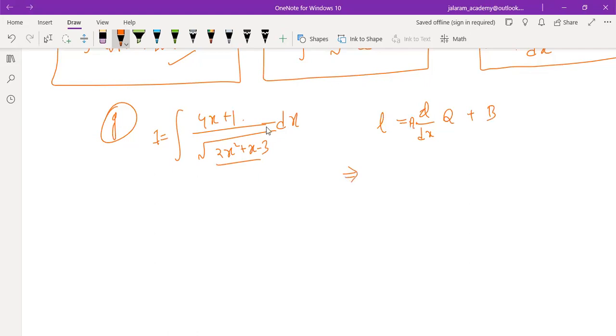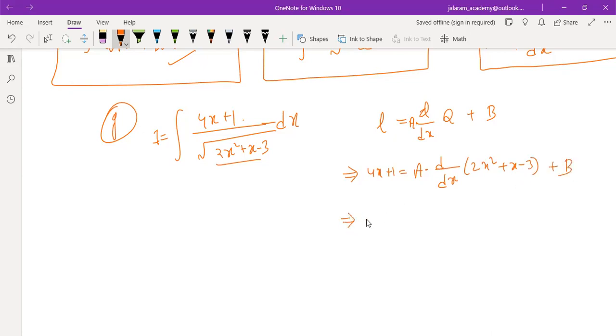So write the linear first of all, 4x plus 1, equals a into d by dx of 2x square plus x minus 3, plus b.